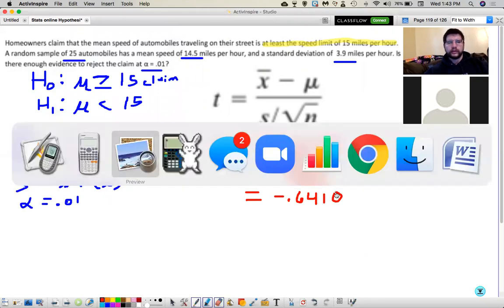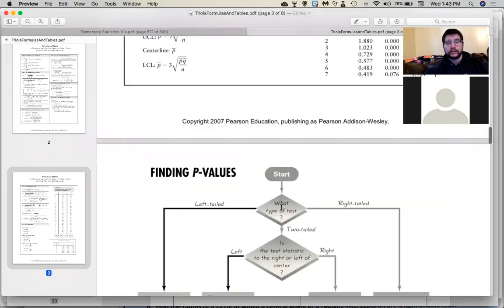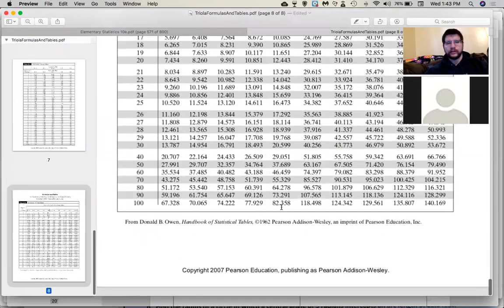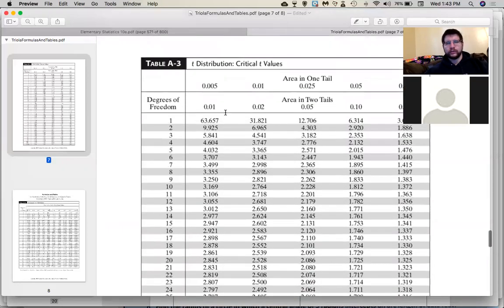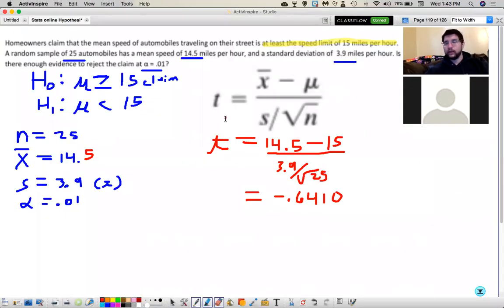And on this one, if we look at our chart, it's a T chart this time. Don't use a Z. We're looking at the T. These all have 3 decimal places, so make sure you go to 4, just to make sure you know what you're doing. So to get my critical value, I'm going to look up alpha. It's a left tail, which makes it a 1 tail. It's a left tail, which makes it negative.